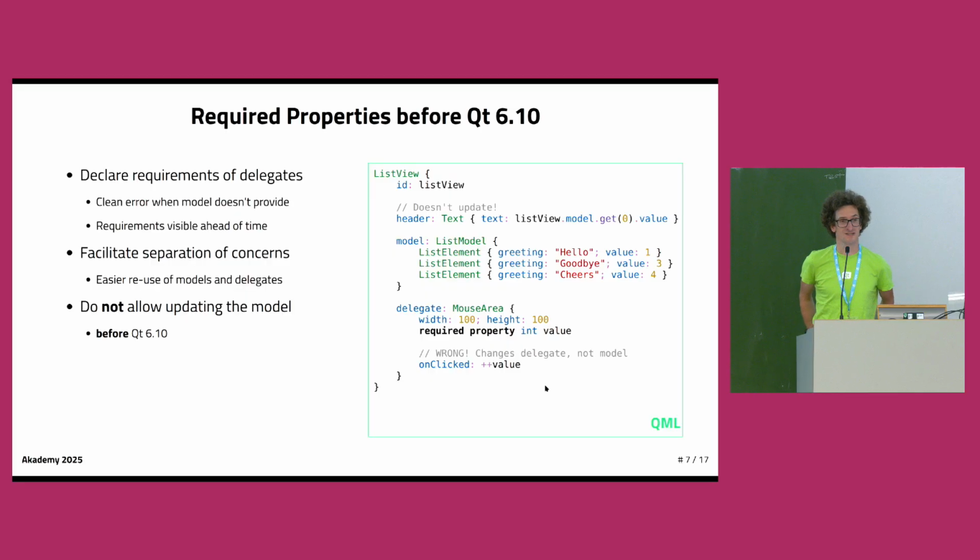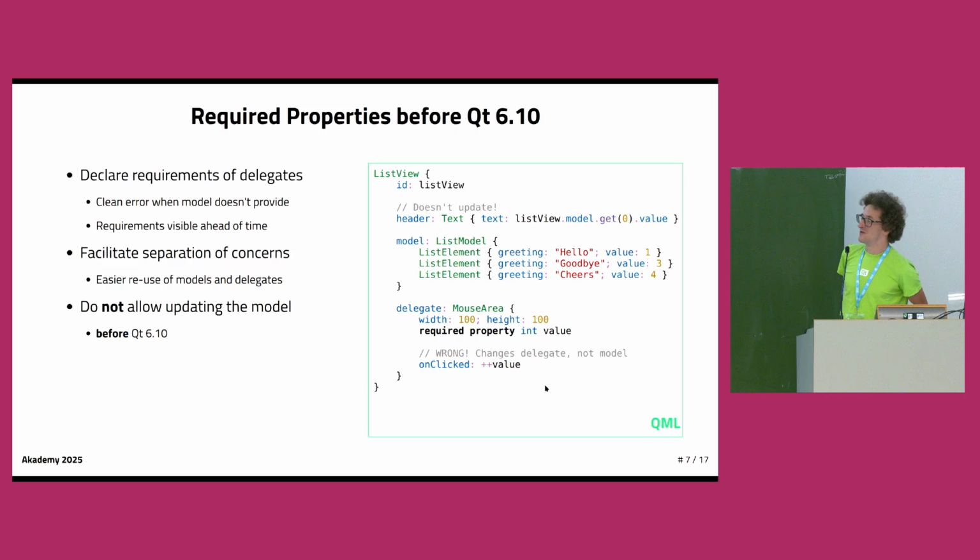But if the model changes, you don't get updates. So if somebody else writes to the model and says the value is now 97, you'll find the mouse area here will not see that. And those two values are now completely decoupled. So that's kind of a bummer, right?